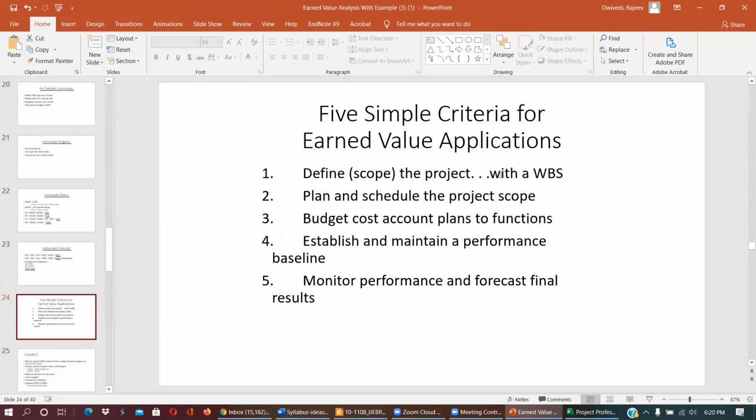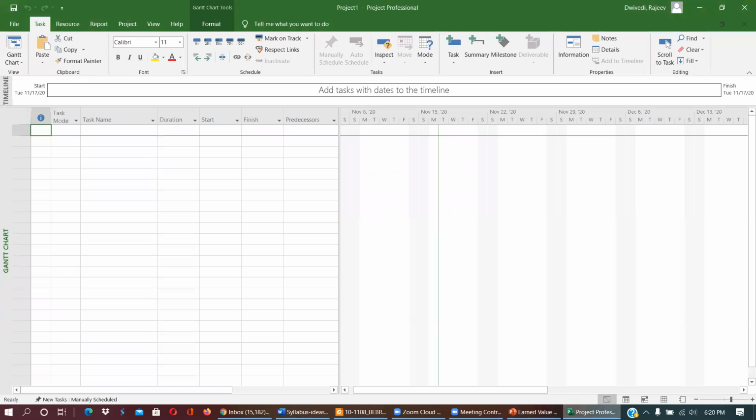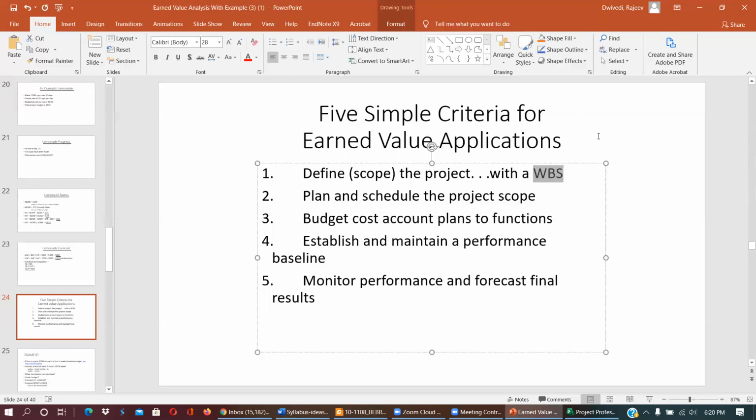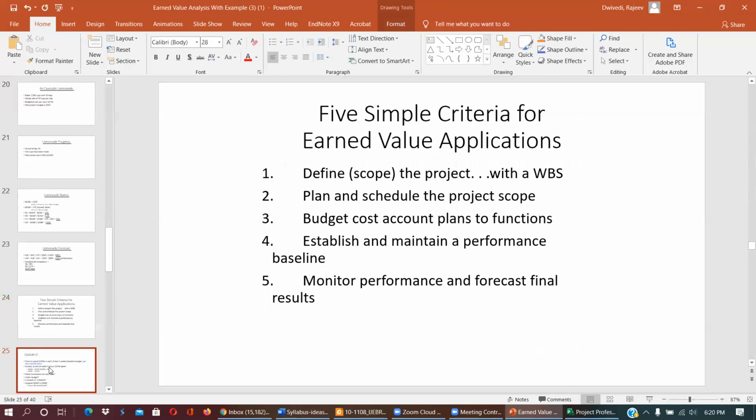Define the scope of the project with a work breakdown structure, which you can learn in project management; you can divide the project into pieces or small tasks. Plan and schedule the project scope, budget, and cost, and assign the plan to functions. Establish and maintain a performance baseline, and monitor performance and forecast the final result.